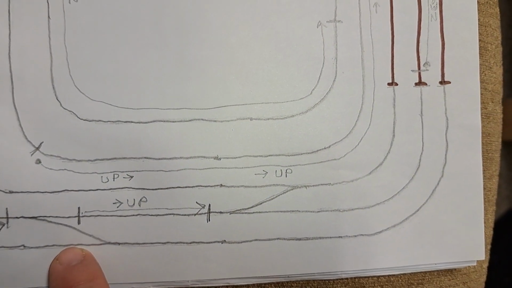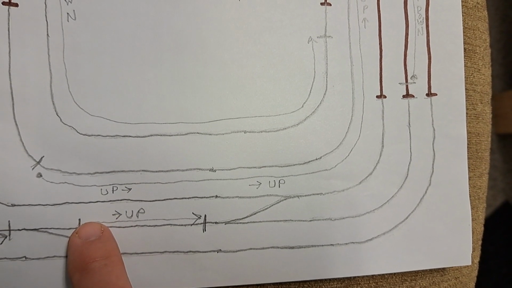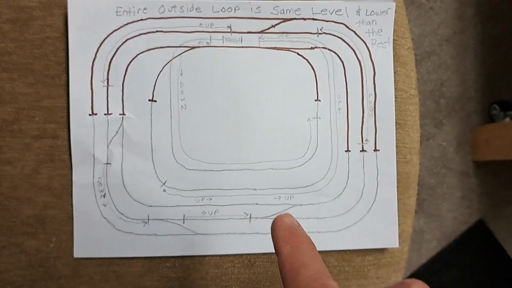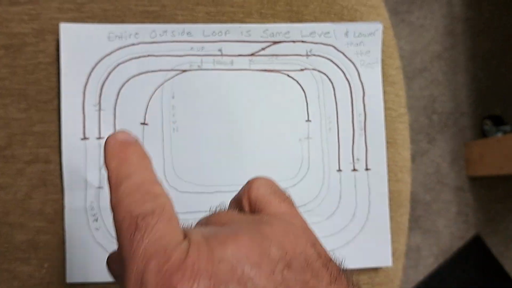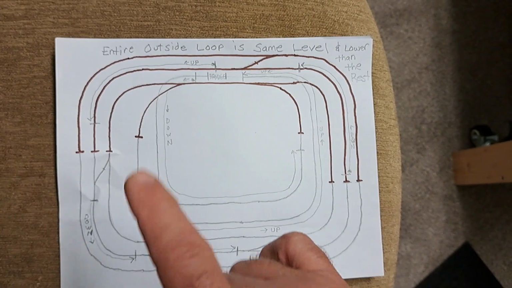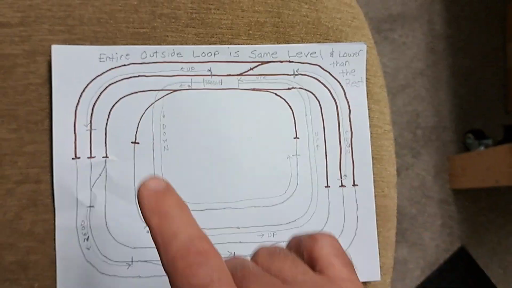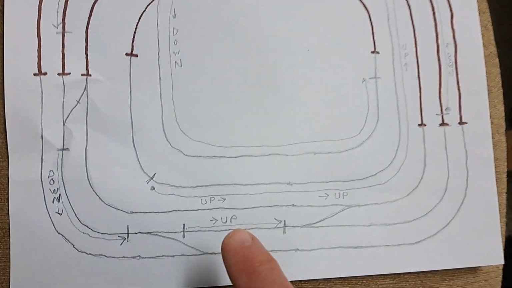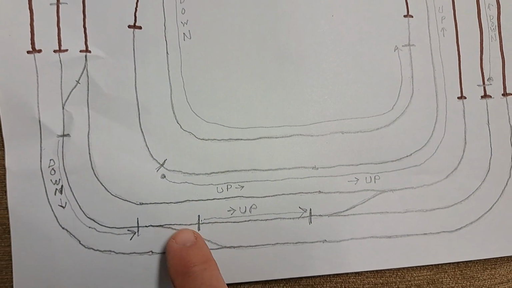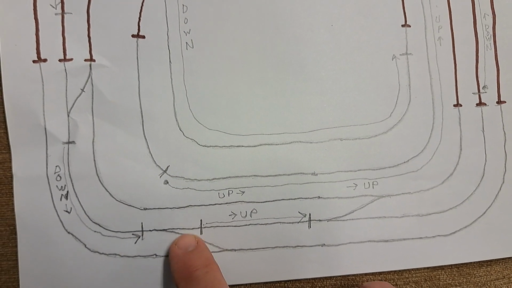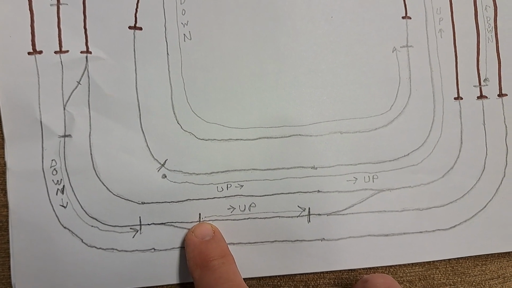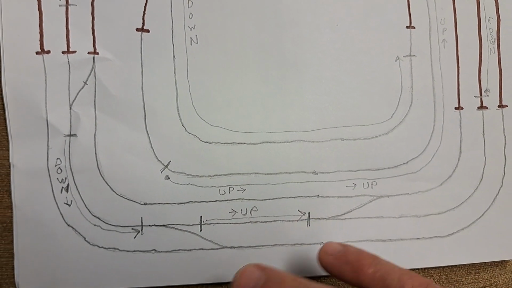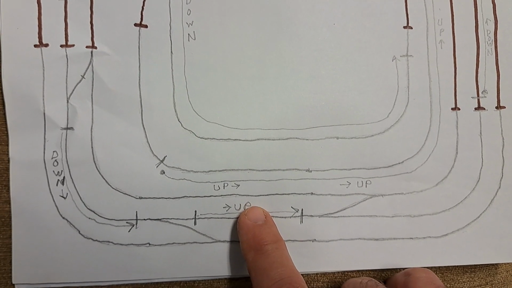Everywhere a grade changes, I started with a little arrow, so as you are focusing on this entire layout, the train's going to be going in this direction. You could turn around and do the same, but for the purpose of the description, the trains are always going to be going like this. So right here, this is the flat spot where it's as low as it can be. And then I put a line there, and it shows the grade change. So it's going from here to here on a hill, and it's actually going up right here.